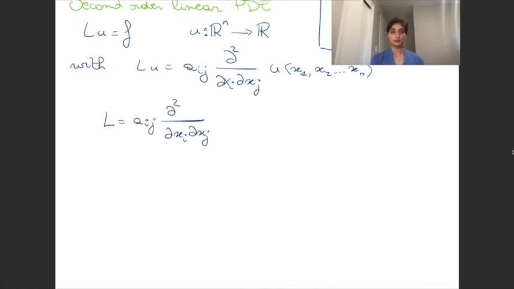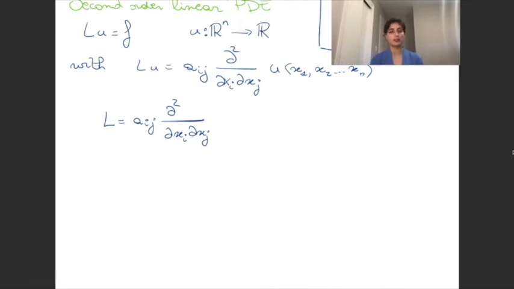Looking at second order linear PDEs, how do they connect to the quadratic forms? Well, we want to think about them as a sum of a_ij times the second derivative, delta squared over delta xi delta xj, where i and j go from 1 to n.